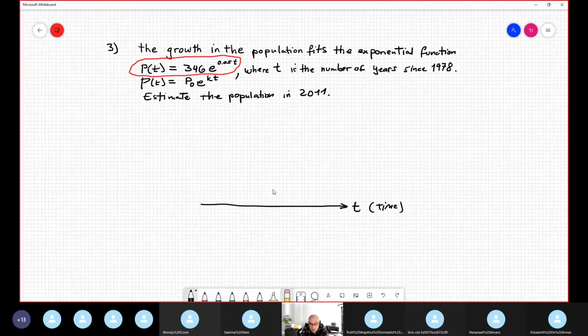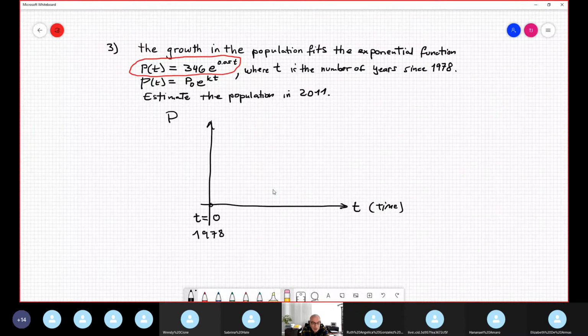By the way, in that problem, the time is expressed in years. And in this axis is the population, capital P, which represents human beings or bacteria or something. Not necessarily human beings. And t equals 0, here, is in my problem 1978.